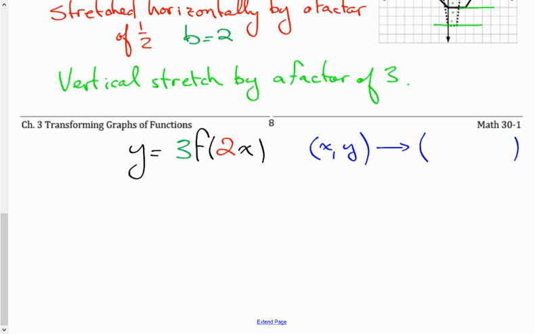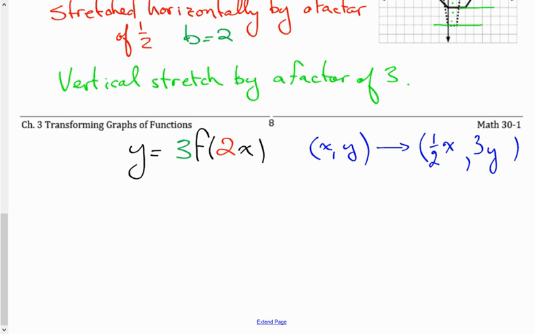So x values are actually multiplied by the stretch factor. They're not multiplied by the b value when we're talking about what's happening to the points. So the stretch factor was 1/2. So here, all my x values end up being half as big. My y values, stretch factor was 3. So all my y's are multiplied by 3.